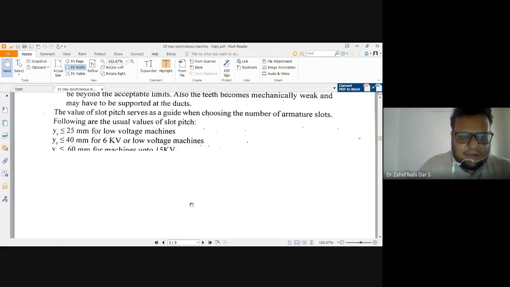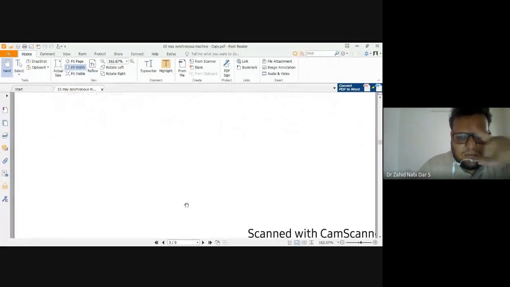Here it is different. If YS is the same thing, less than or equal to 25, there it was starting from 15 ending at 25. Here you see 25 mm for low voltage machines, 40 mm for 6 kV machines, and 60 mm for machines up to 15 kV. So this is the range that can be asked for 2 marks also.